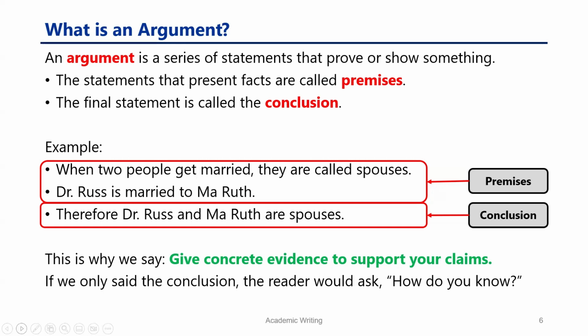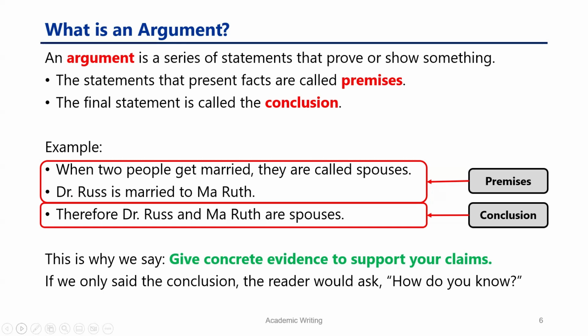So this is why we always say, give concrete evidence to support your claims. If we only said the conclusion, the reader would ask, how do you know? Let's go back to the argument above. If all we wrote in our paper is Dr. Russ and Ma Ruth are spouses, how would you know? Maybe they're just friends.